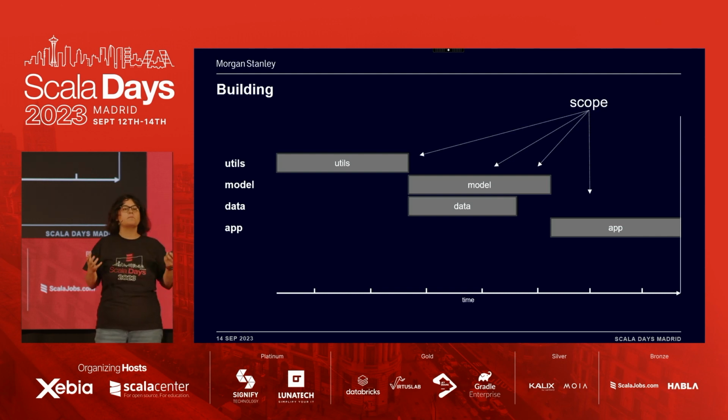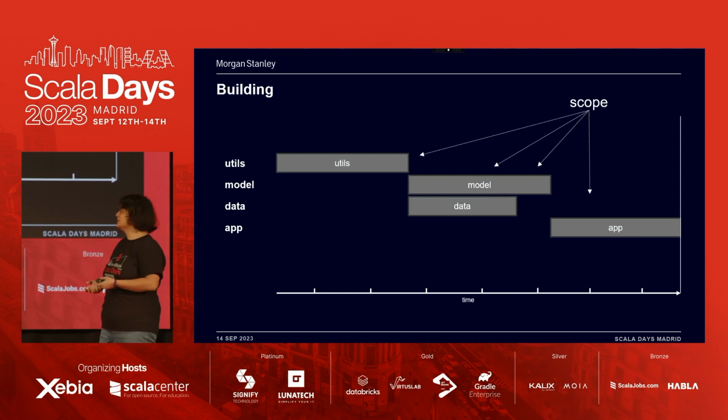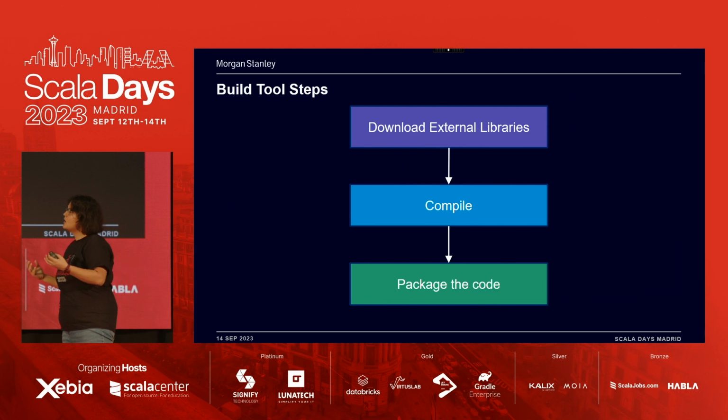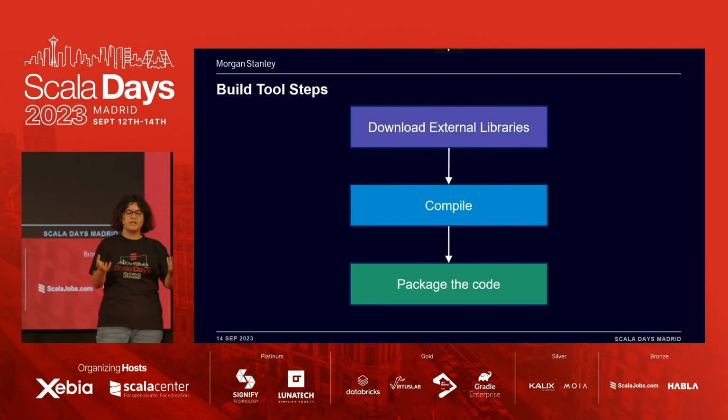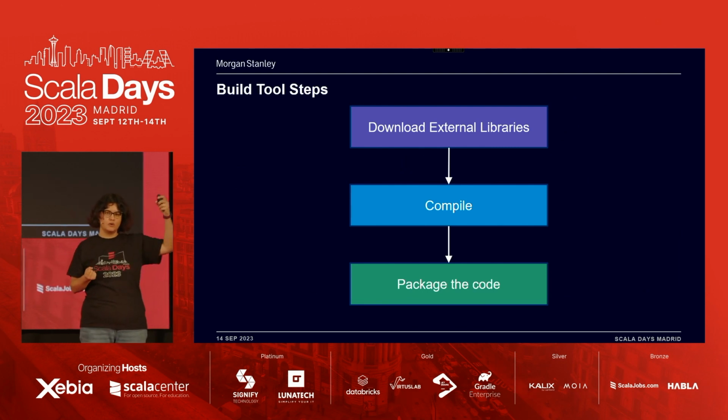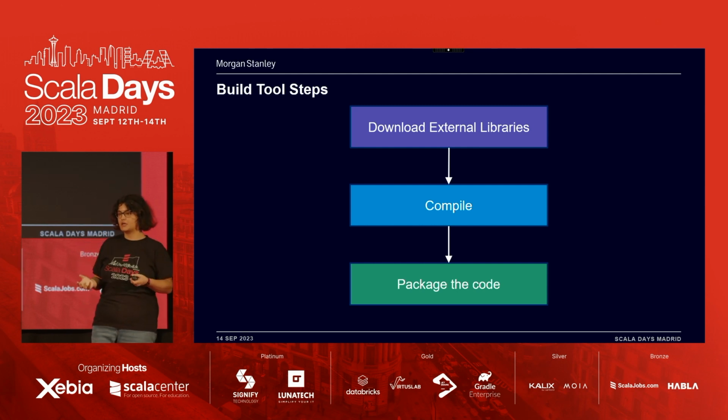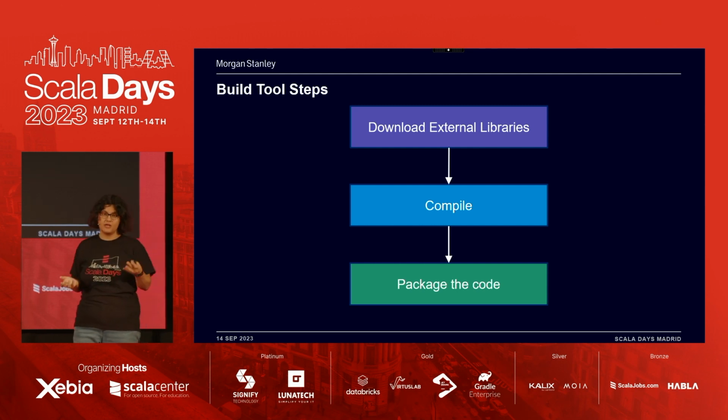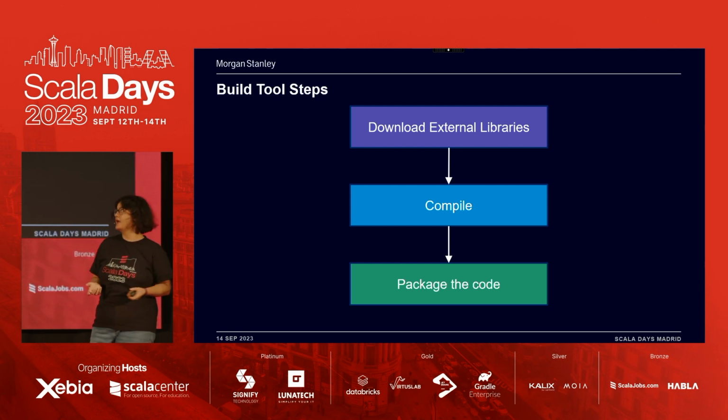So let's see what it means to build a scope, what it means to build a unit of work. Well, when I am building something, I need to first download my external libraries. If you are writing a Scala application, there is a good chance that one of your libraries is the Scala language.